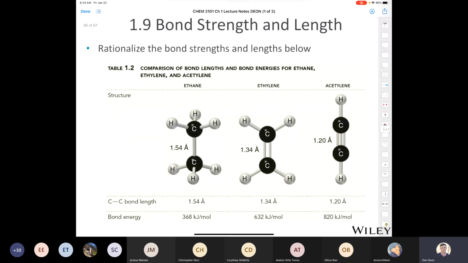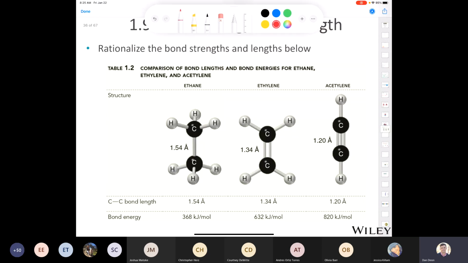Well, if we look at this slide here, it asks us to simply rationalize the bond strengths and bond lengths below. Let's start by looking at the bond lengths. You see that when we go from a single bond to a double bond to a triple bond, the bond length decreases, doesn't it?